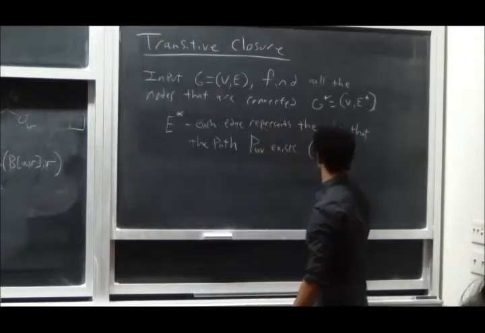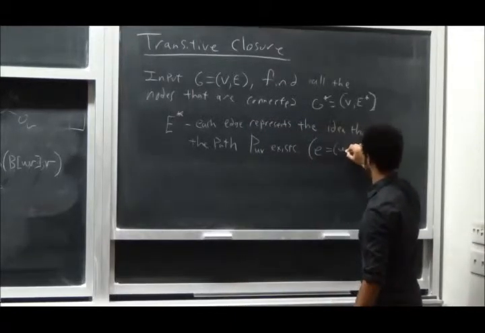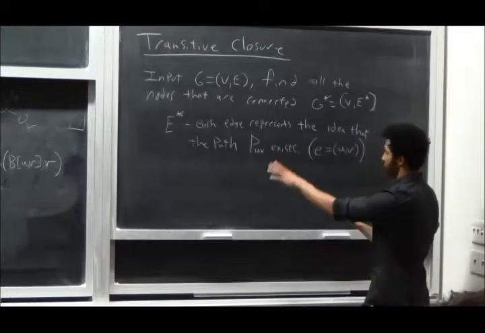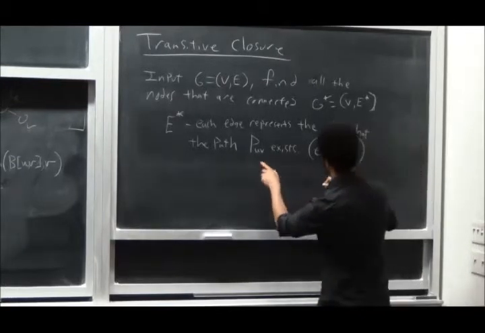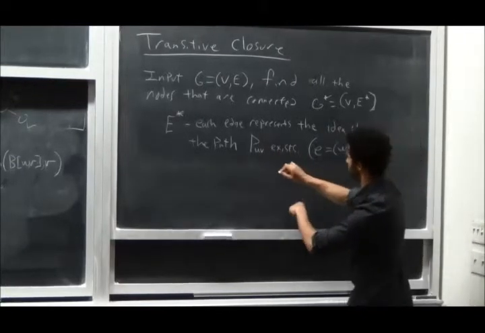And this would be given the fact that E equals UV. So if you have this edge, then we know that a PUV exists in G.